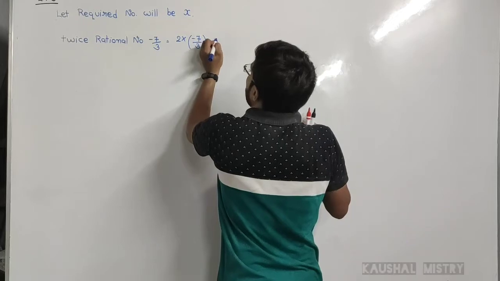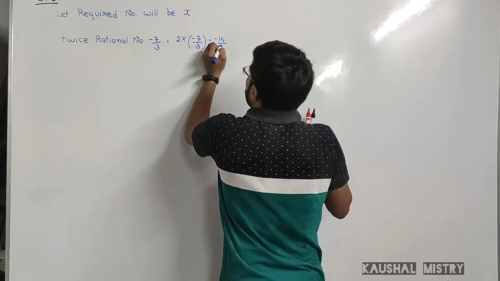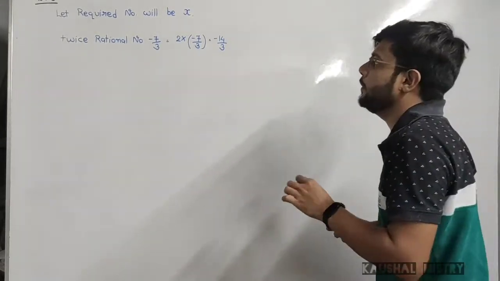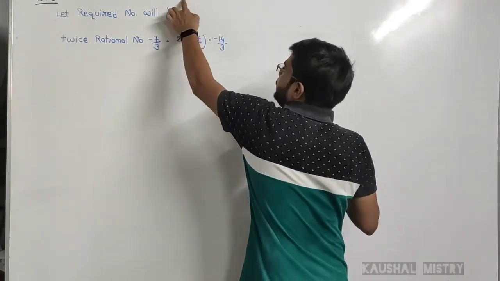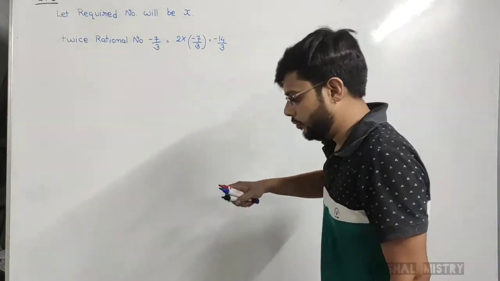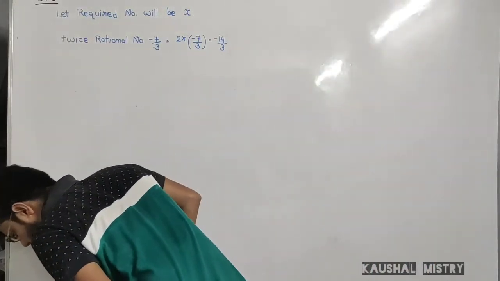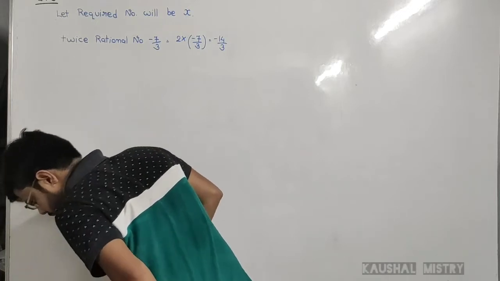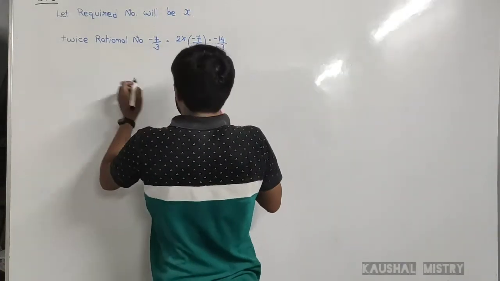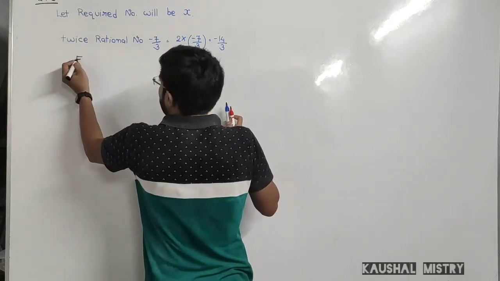That is equal to minus 14 by 3, right? Twice the rational number. That means we have to add x to the minus 14 by 3. We get 3 by 7. So now, from given data we can write.